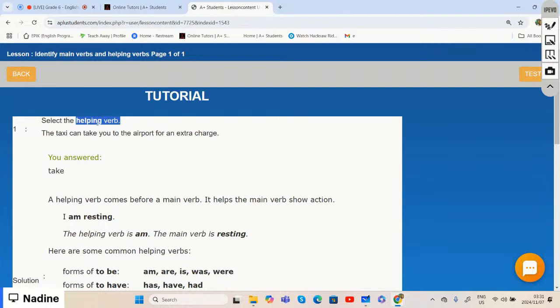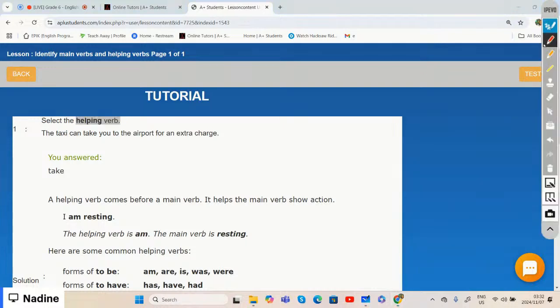It says, the taxi can take you to the airport for an extra charge. What is the helping verb within that sentence? The taxi can take you to the airport for an extra charge.